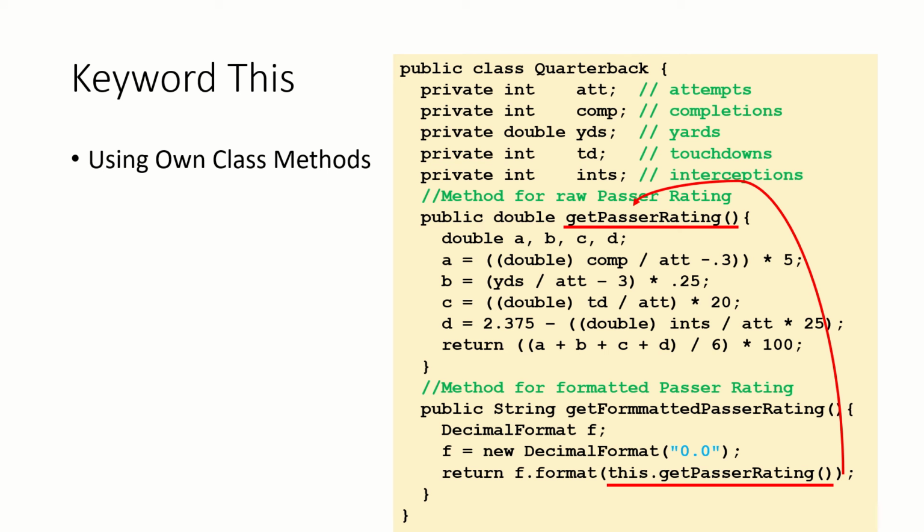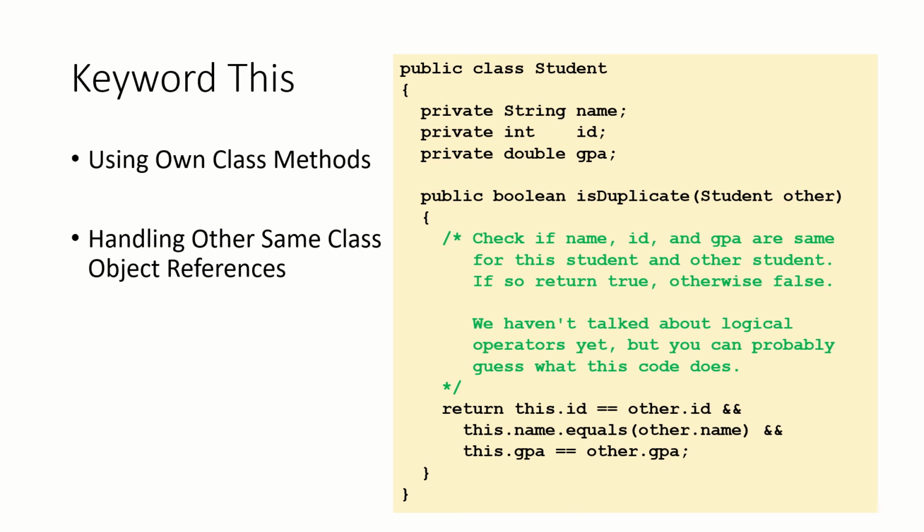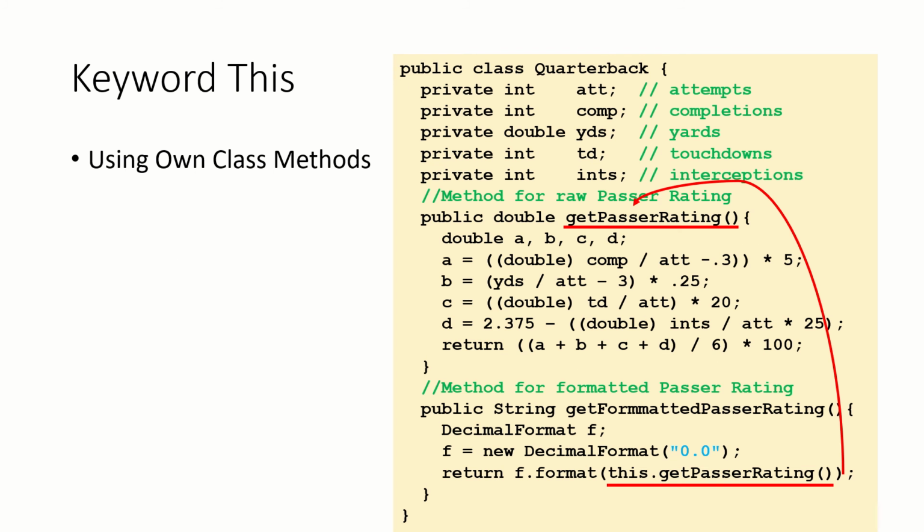Because this means which object called this variable or method, right? So read this code. What's this code for? And what this list stands for.